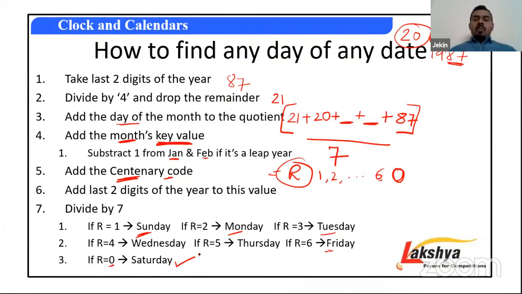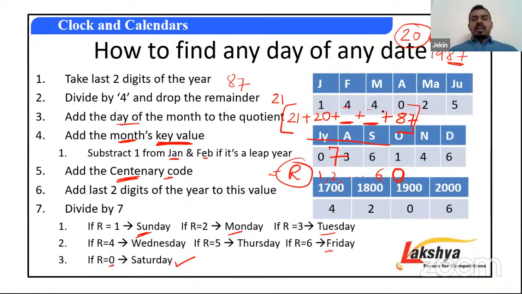All right. Now, what remains is the two key things, which are your month's key value and your centenary code. Let's try to look at those. What I have noted down for you, what you can see on the screen right now, are the different month key values and the different centenary codes.